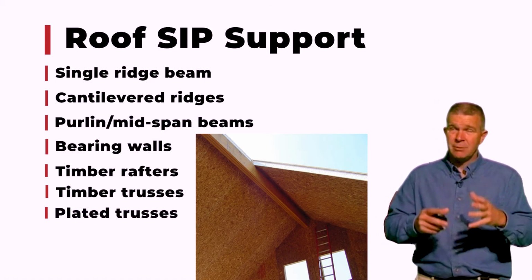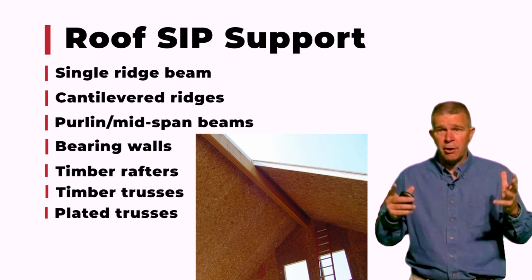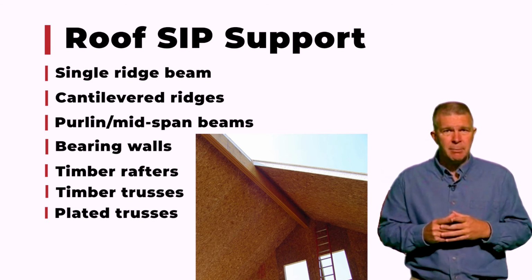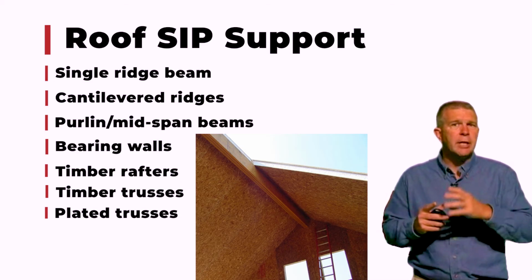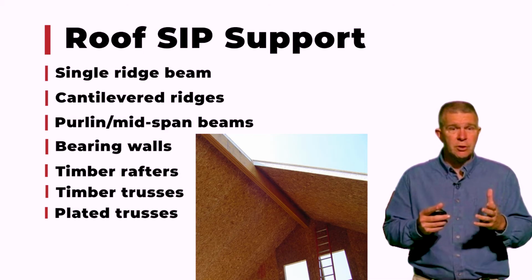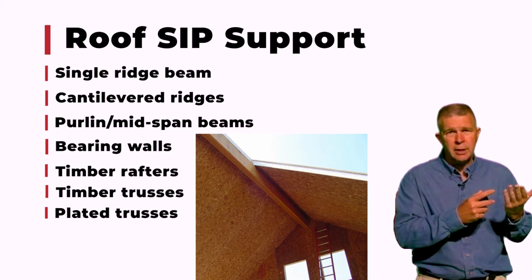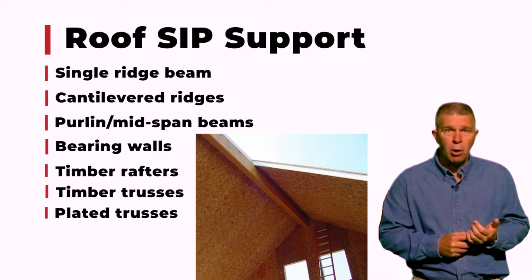You may want to see these large timber trusses that are beautiful to look at. You may not want to see anything up there, and you might want the nice clean lines that means you've got only a ridge beam and nothing more. You may want to deal with purlin beams or trusses. You've got all kinds of things to look at, and this shows a list of things that we can consider when holding up our roof panels or our entire roof system.